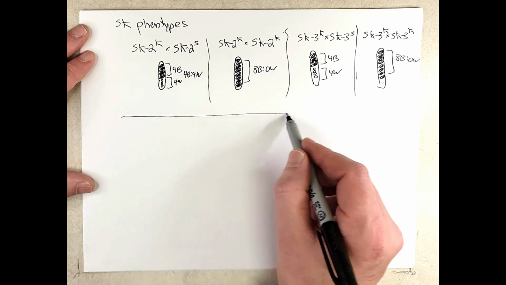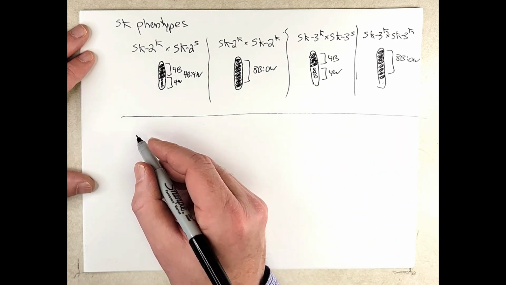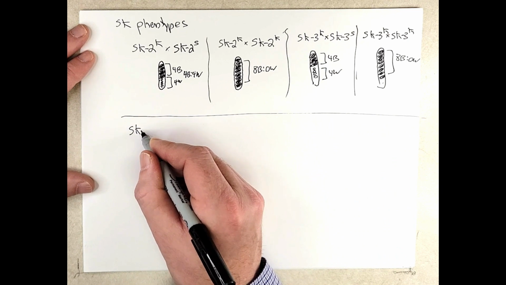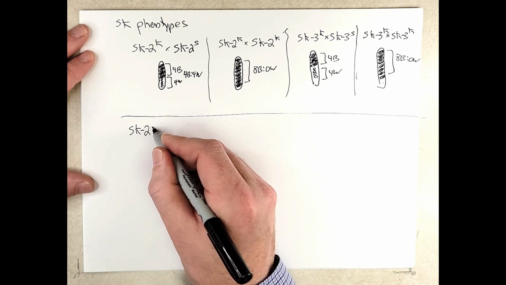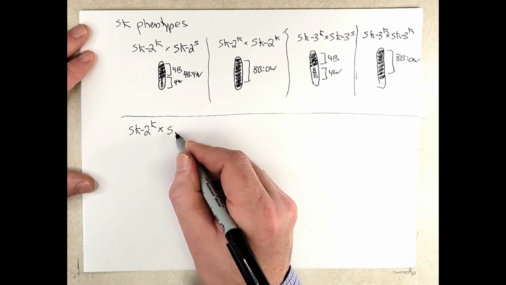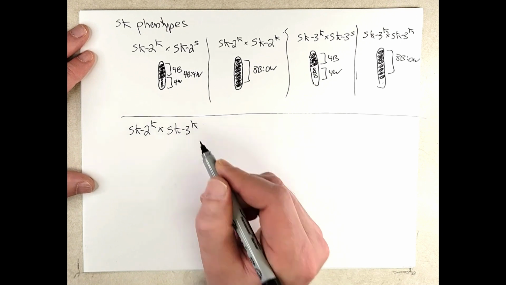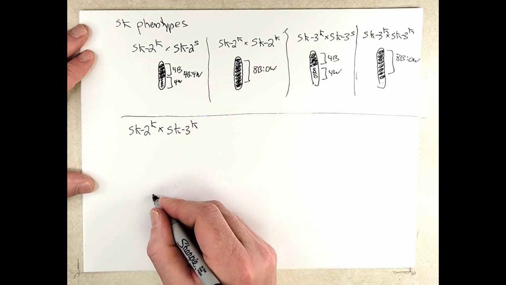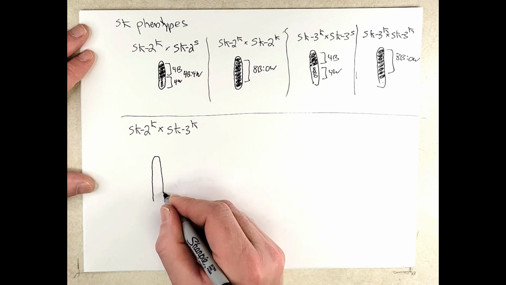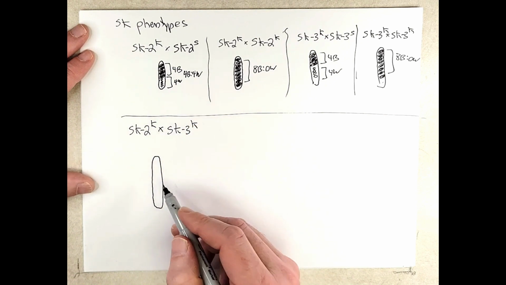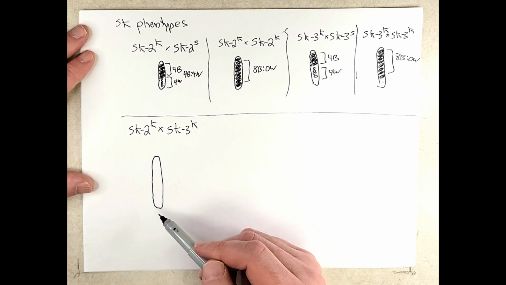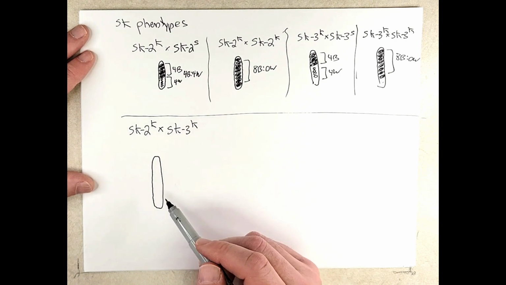Okay, so now let's take a look at what happens when an SK2K is crossed to SK3K. Think about that for a moment. The asci aren't bigger in these crosses; I am not diagramming these to scale.